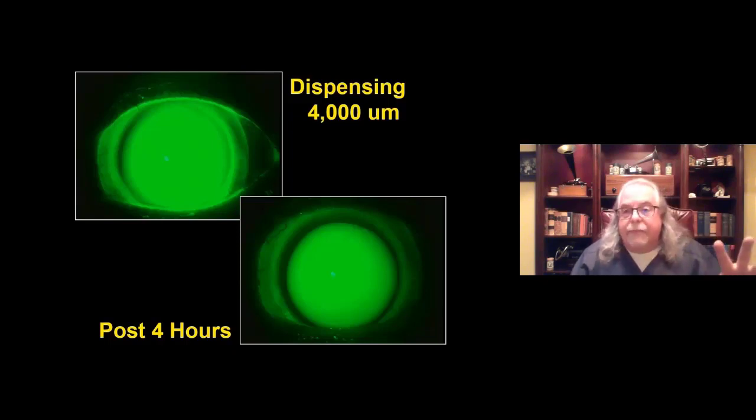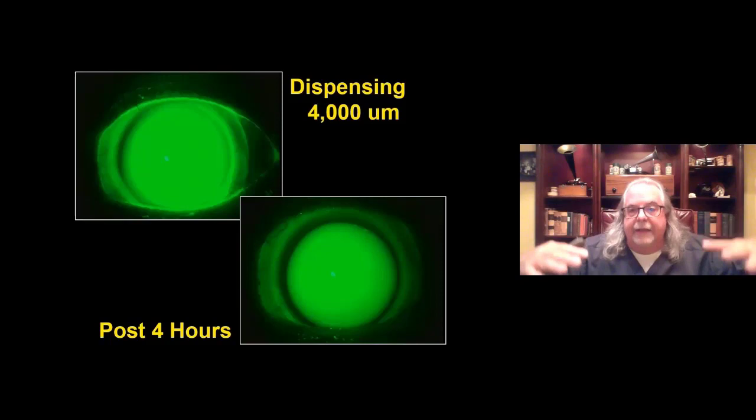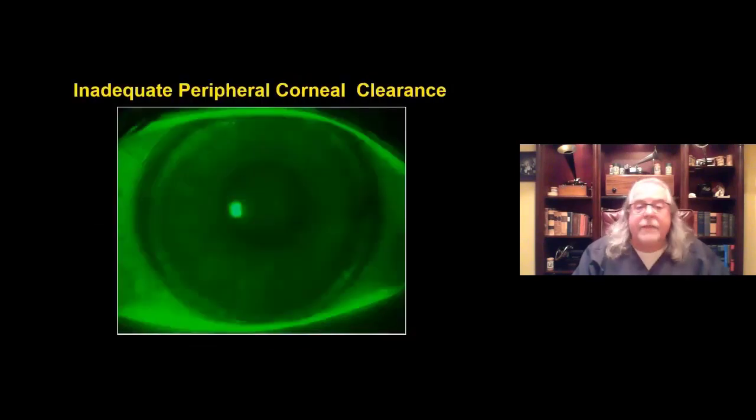Now, if we leave that and let that lens settle in, we could see how exaggerated that actually becomes. And that will inevitably result in this peripheral corneal staining that we see right here. It's a peculiar kind of staining we see. It's a real coarse punctate staining, but nonetheless, oftentimes related to the inadequate peripheral corneal clearance.